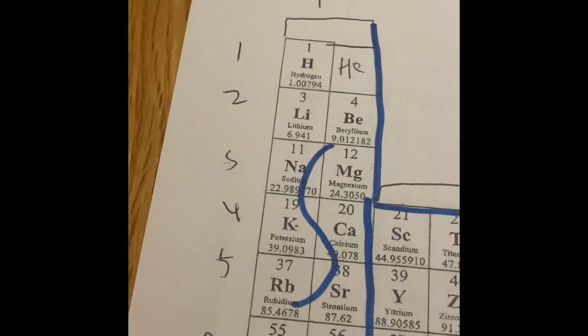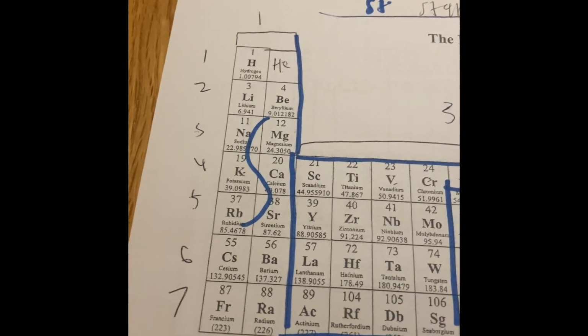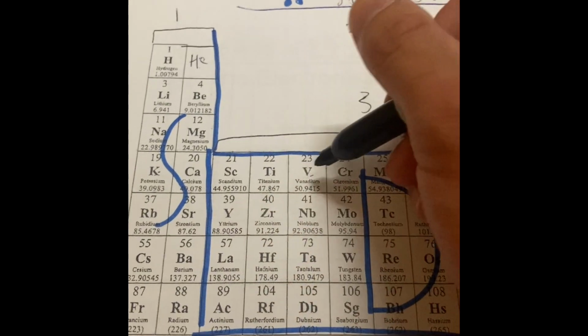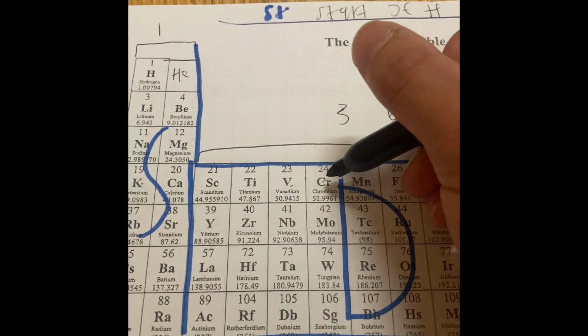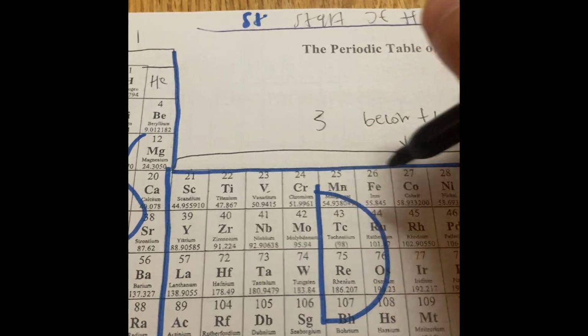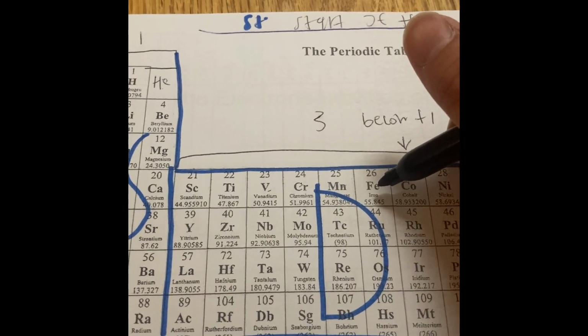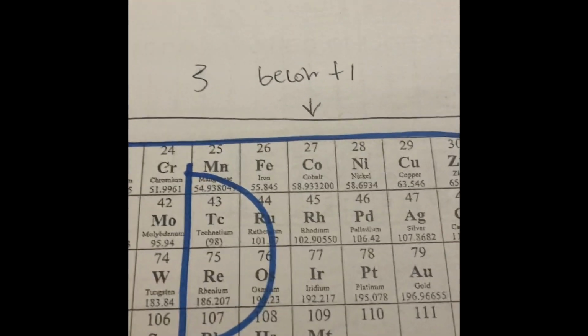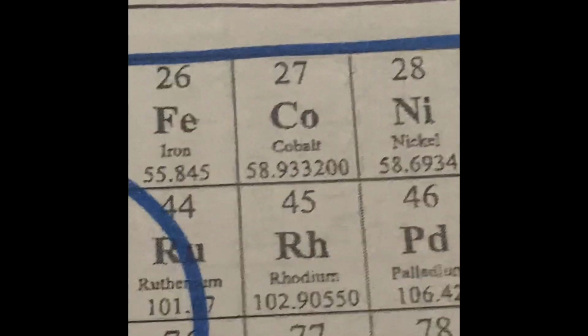So going back to what just happened, we're going to say 3d1, 3d2, 3d3, 3d4, 3d5, 3d6, 3d7. So we have arrived at cobalt on the last step of the answer as 3d7.